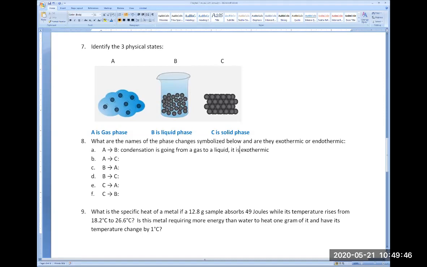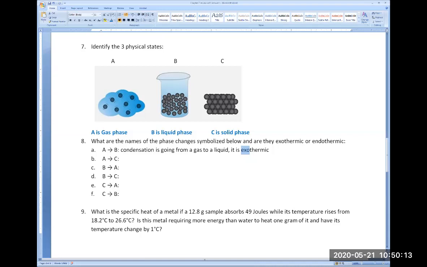It is exothermic. So what does exothermic mean? Exo means exit. Thermic refers to thermal energy, and so you always put yourself into the place of the substance. Here, when the substance goes from a gas to a liquid, the thermal energy is exiting the substance, right?